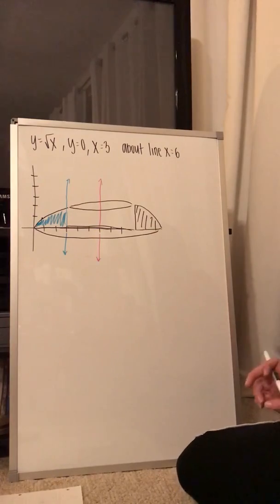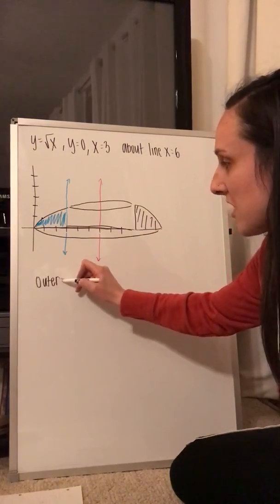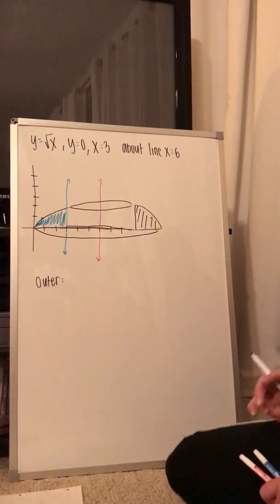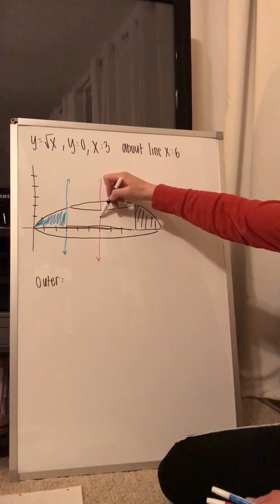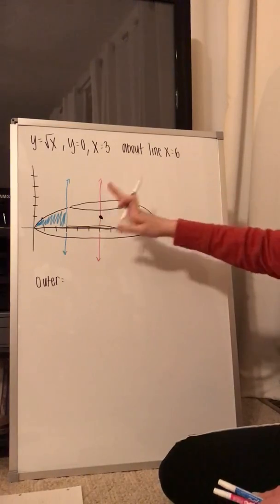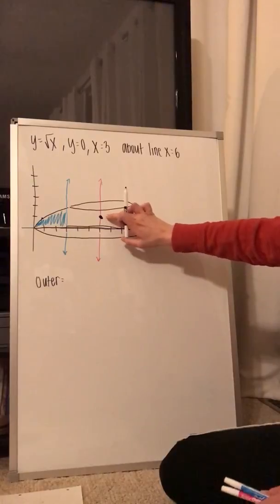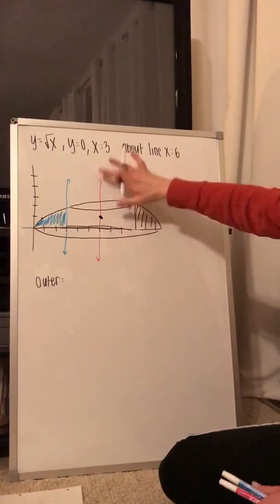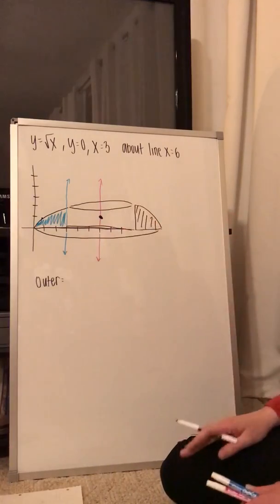All right, so now we need to talk about the outer radius and the inner radius. So this is going to look a little bit different than the other one. When I'm talking about the outer radius, since my axis of rotation has flipped over on the other side in this problem, I'm going to start my outer radius from the rightmost point. Here, the rightmost point before I rotated was on this line x is equal to 6.